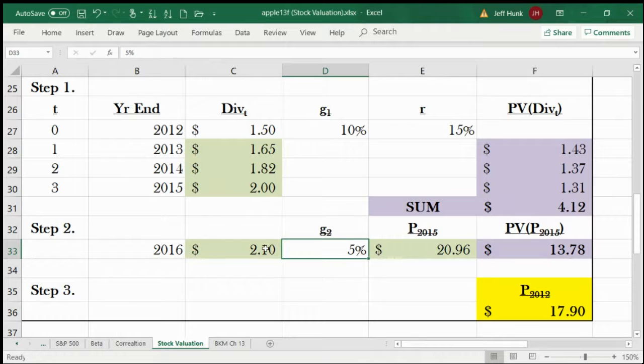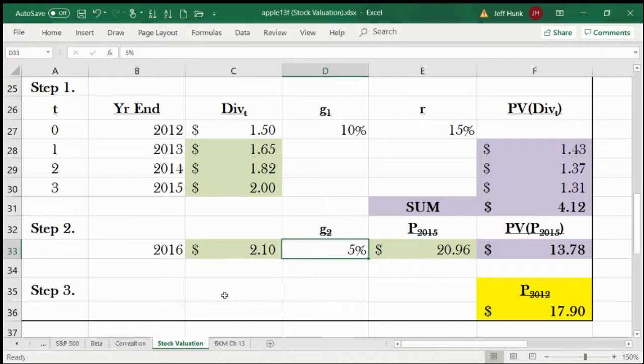Beyond 2015, that means from 2016 and indefinitely, the dividend grows at a constant rate. Look, this is the cue. Constant rate means what? Oh, that means the Gordon growth model or constant growth model. Make sense?